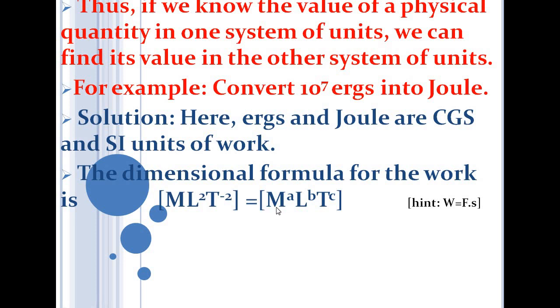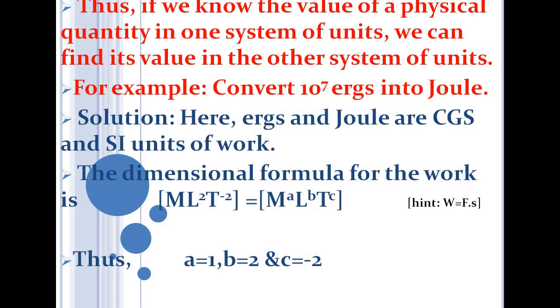In general we may write M power a, L power b, T power c. Equating, the dimensions of M as 1, L as 2 and T as minus 2, so a equals 1, b equals 2 and c equals minus 2.